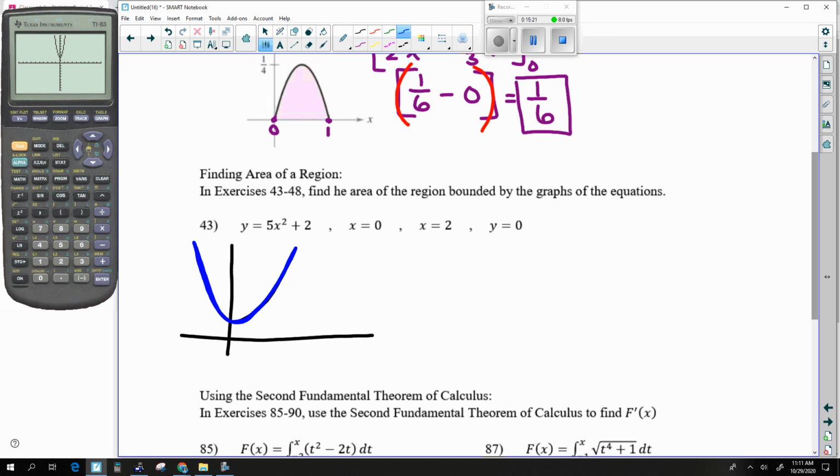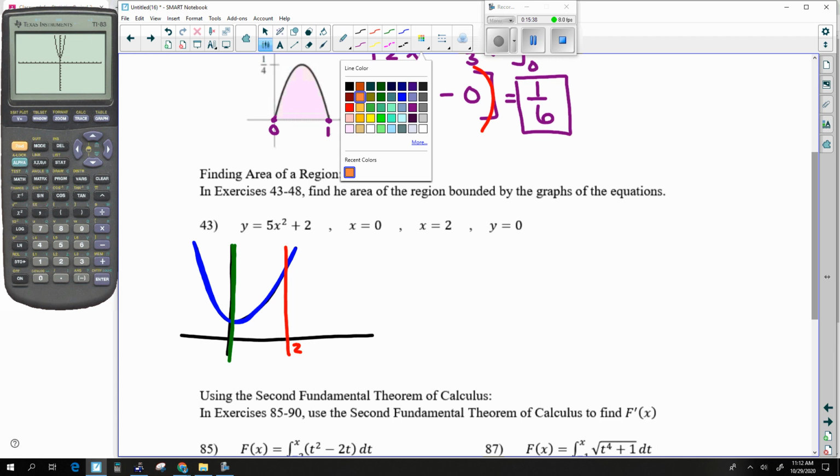So what is the area bounded by that graph, x is equal to 0, x is equal to 2, and y is equal to 0? So what is the area bounded by all of those? So that would be, color this area right here.